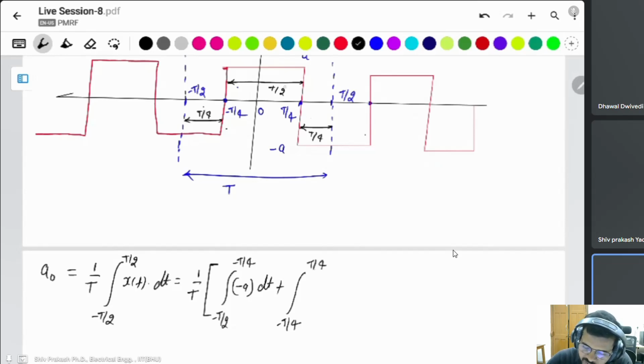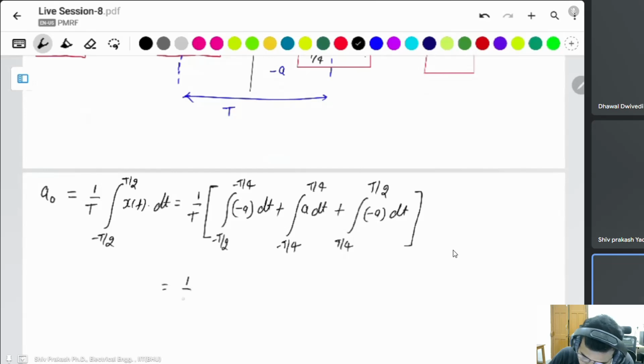Here to here is the same value, that's why you can take this one as A dt, plus integration of T by 4 to T by 2 is the minus of A dt.